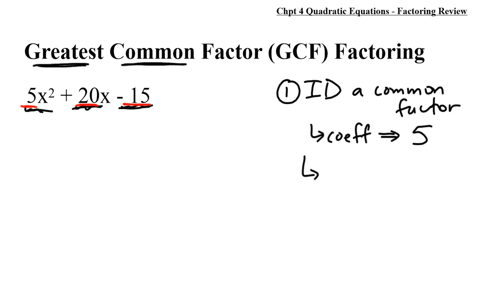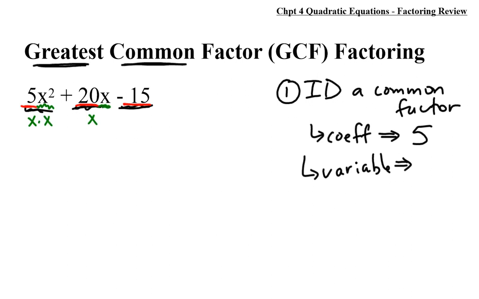Now, the second part to greatest common factor factoring is the variable components. The variable components are the most of each variable that could be pulled, as I refer to it, sort of pulled out of each term. This first term has an x squared, which is an x times an x.